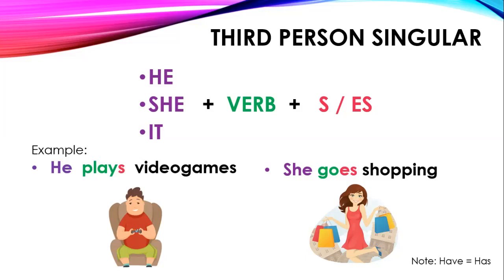She goes shopping. It is not she go shopping, because we are talking about a third person singular. So she goes shopping. There are some exceptions with some verbs. For example, here in note, I put have, and we need to use has when we are talking about the third person. Okay.